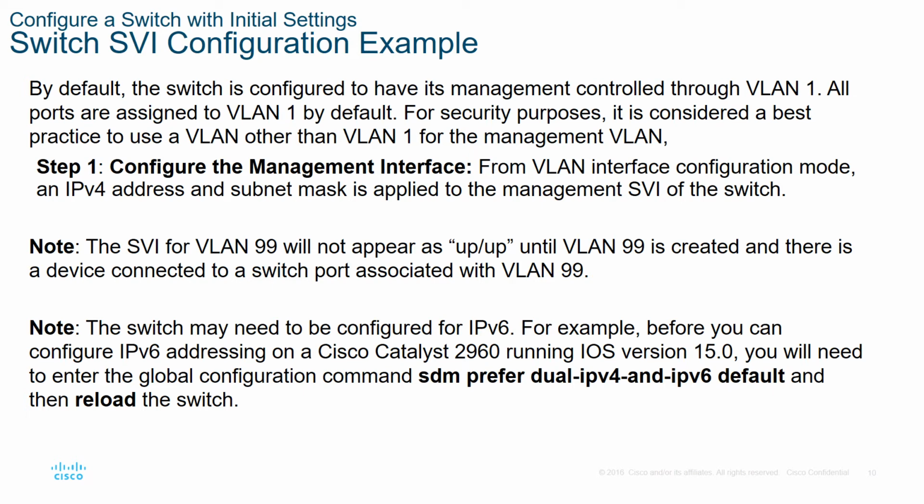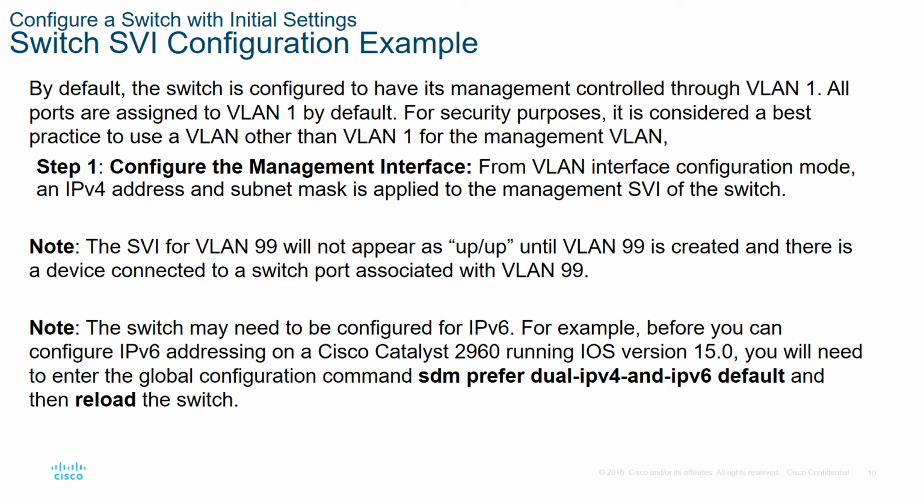So in general, the IP address and subnet mask for the SVI is configured on VLAN 1. But using a separate VLAN other than VLAN 1 for management is safe and secure and also considered a best practice.